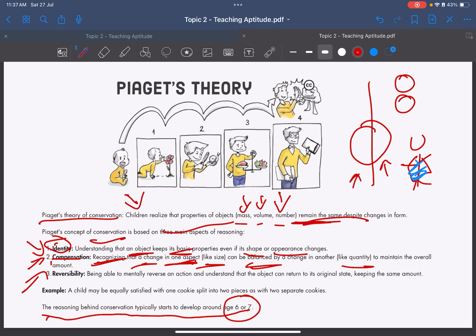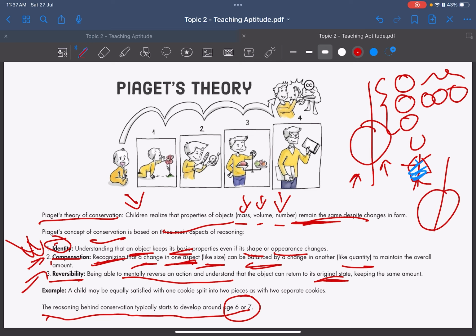For example, pancakes stacked is still the same as pancakes that are laid horizontally. And third is reversibility, being able to mentally reverse an action and understand that the object can return to its original state. For example, a cookie split into two is still the same cookie. So this is Piaget's theory of conservation and theory of constructivism.